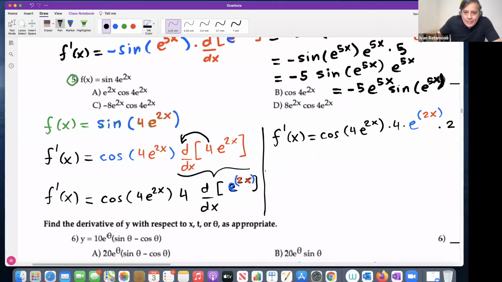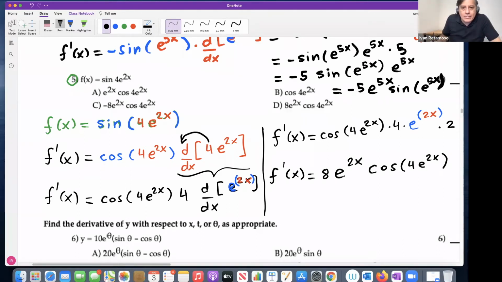Remember the simple functions such as constant functions up front. Then we must follow 8 with this e raised to twice x. And then in the end, push it to the right the functions that look more complicated, composite wise. This would be a good presentation for the final answer.